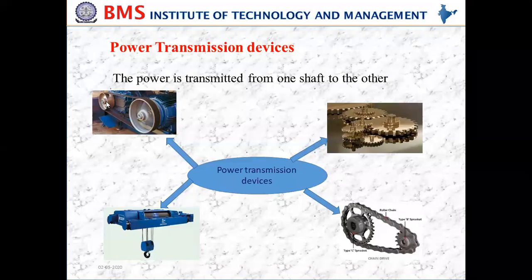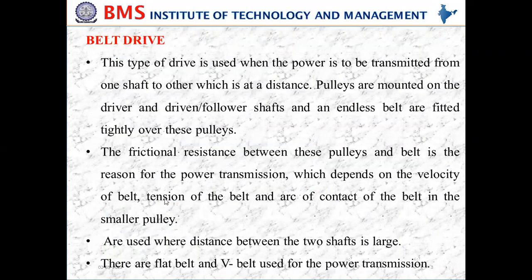So here frictional grip plays an important role in this transmission of power. When we say frictional grip, on which parameters is it going to depend? The frictional grip or frictional resistance is going to depend upon three factors or parameters. One is the tensions on the tight side and slack side, and the angle of contact, and one more is the velocity of the belt.